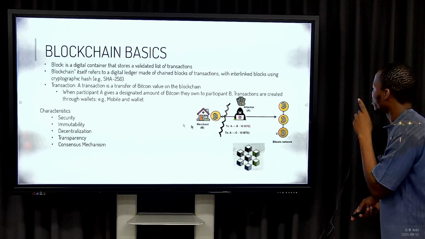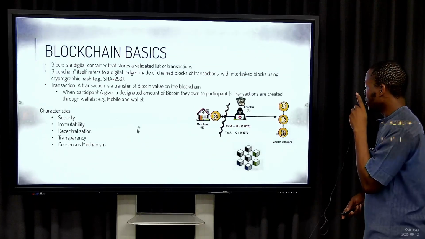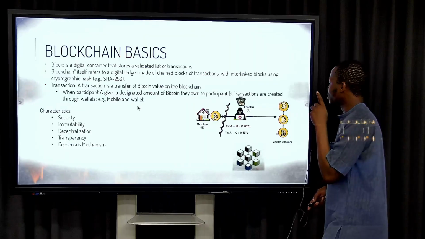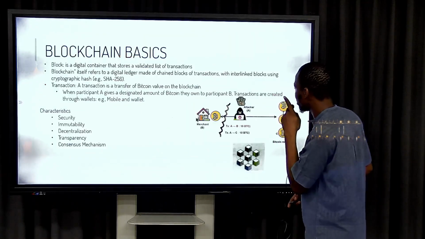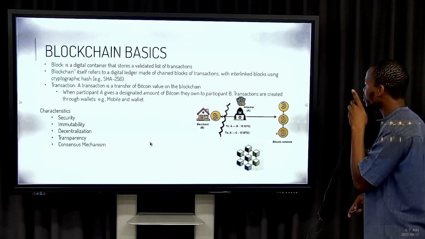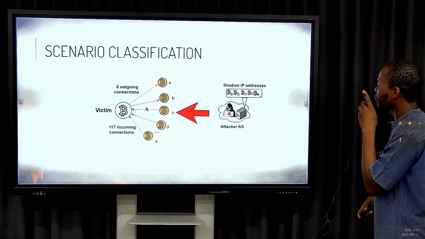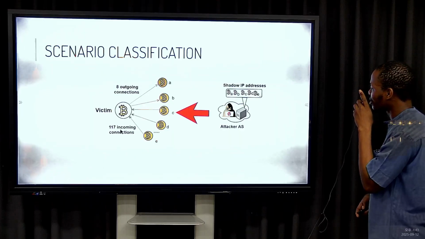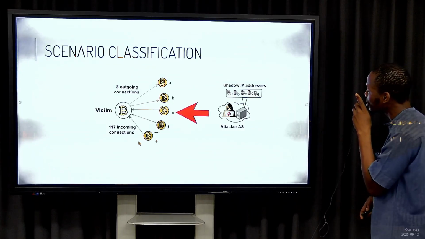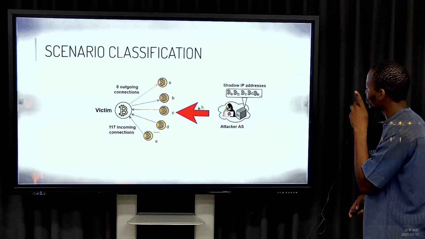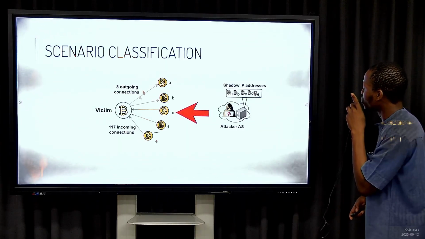This is an example of an Erebus attack, and it looks stealthy. Nobody can quickly determine it, and because of these connections, there is vulnerability in the network. 117 incoming connections for Bitcoin and 8 outgoing connections. So it's a big issue for us to tackle.